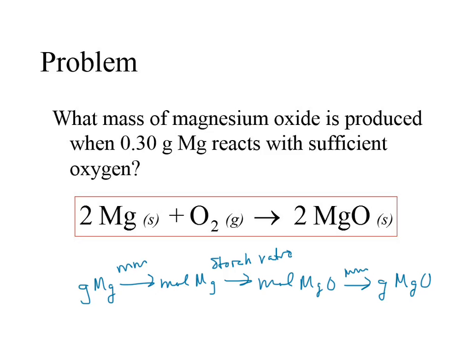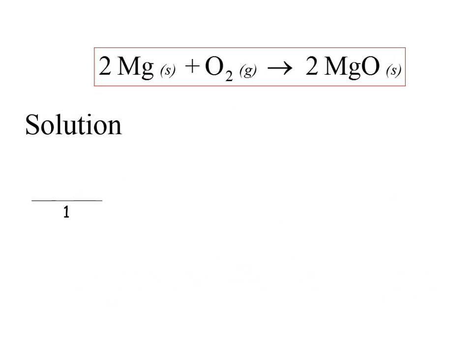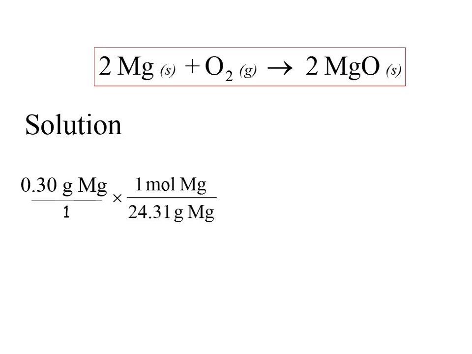So here we go. The first term is going to be that 0.30 grams of magnesium over 1. Then just like we did before, we're going to use the flipped version of the molar mass of magnesium, 1 mole Mg over 24.31 grams of Mg. And then we're going to introduce a stoichiometry ratio.